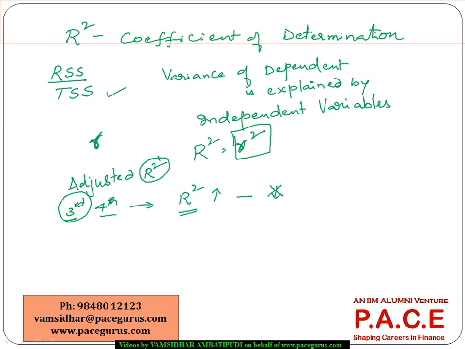So people will have an impression that as we are adding more and more variables, the explainability of the set of independent variables on the dependent variable is increasing, so the regression model is becoming better and better.